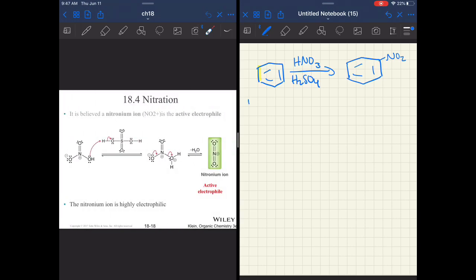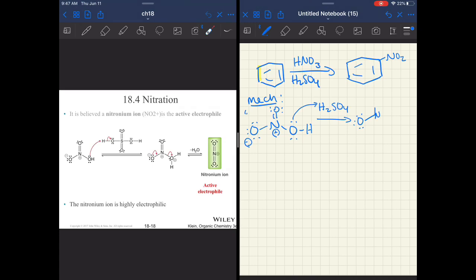So when we look into the mechanism, that first little step, again, the benzene doesn't come into play here. We're looking at nitric acid. We're going to take a proton from H2SO4 and add it to that OH. This is going to turn that OH into water, which is a great leaving group.